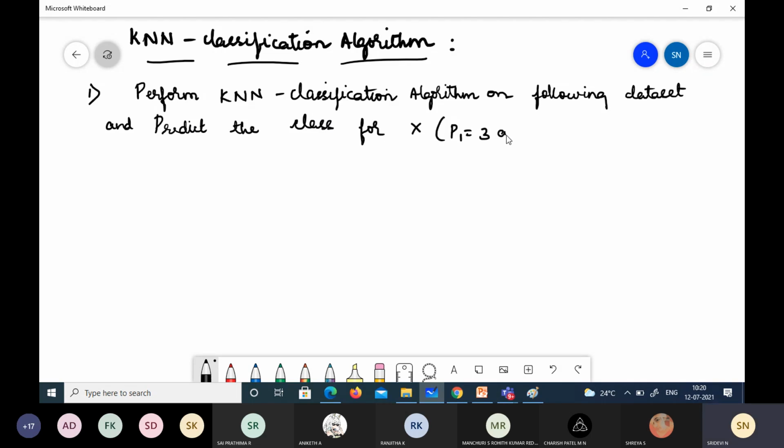P1 is equal to 3 and P2 equal to 7 and K is given as 3.